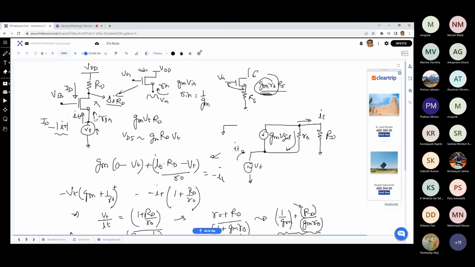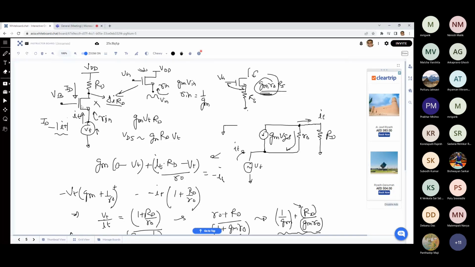So why is RO playing an important role, and why are you getting effectively a smaller impedance? Here, if you had RD directly connected, then of course the impedance would be just RD. If you are applying VT directly to RD, the impedance is simply RD because the current will change according to RD.